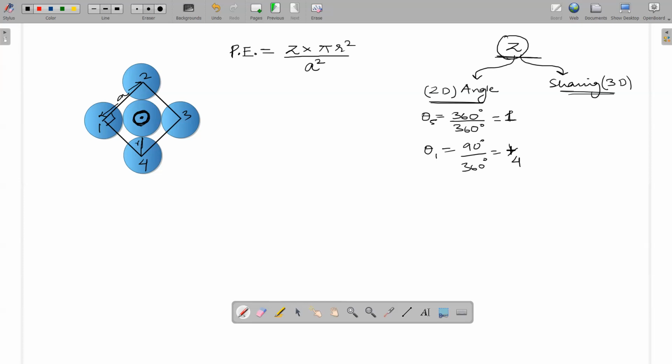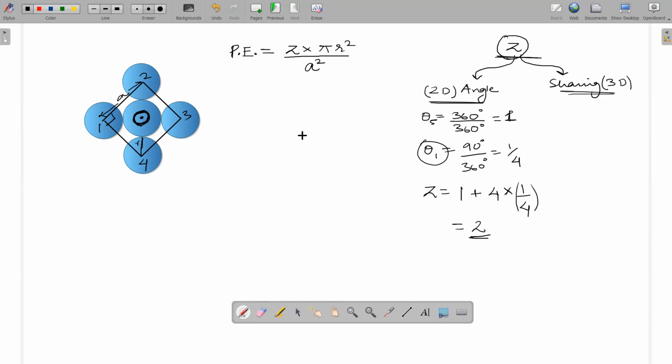Similarly, we have 4 such atoms, same as the first atom. So Z equals 1 for the fifth atom plus 4 into 1 by 4. Here 4 is for the atoms having 90 degrees, and 1 by 4 is the contribution of each atom in the unit cell, and we get Z as 2.